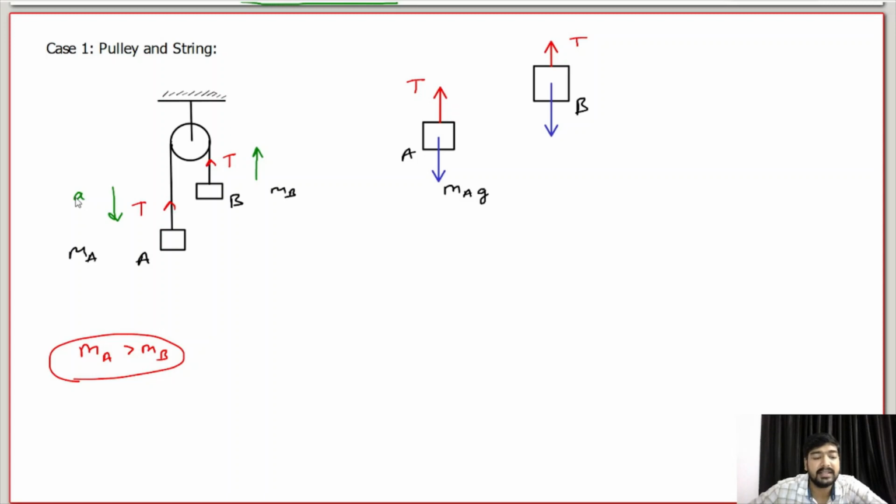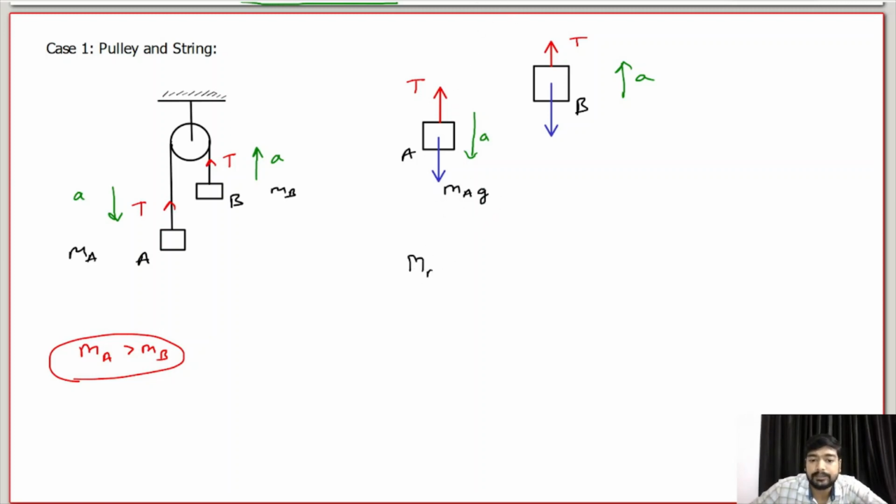I consider the acceleration of block A in this direction, and for block B this. So block A has the net acceleration downward, and block B has the net acceleration upward. I'll first write the equation for block A. Because the acceleration is downward, I will take this as positive.